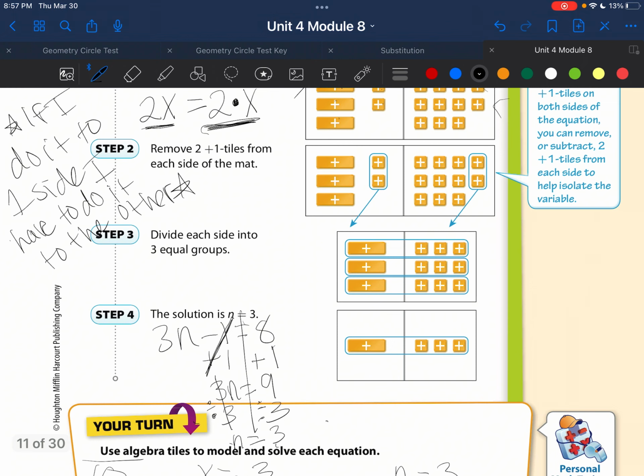Another thing I want you to notate somewhere on here is that I have to do the opposite to move it.